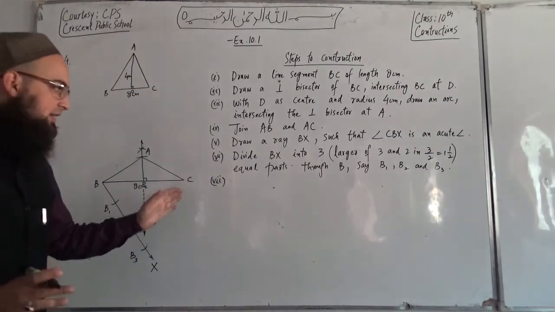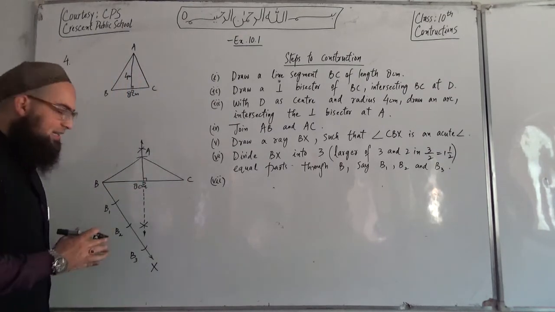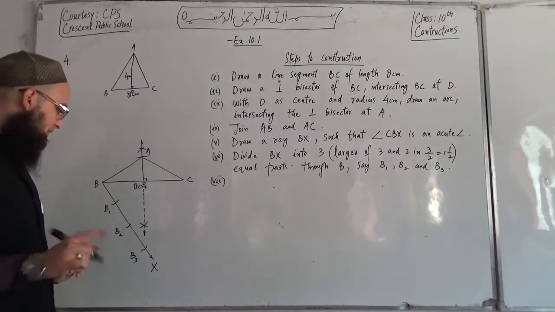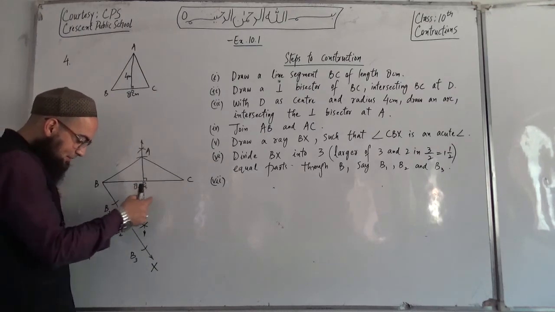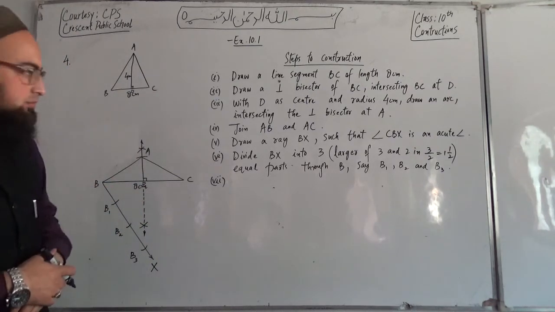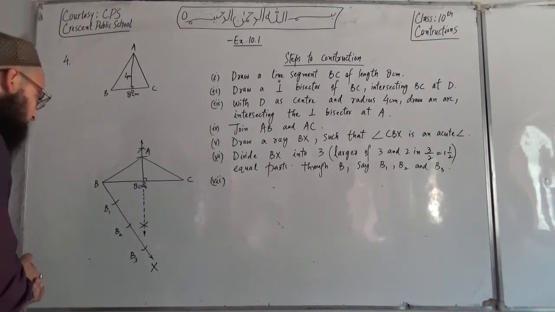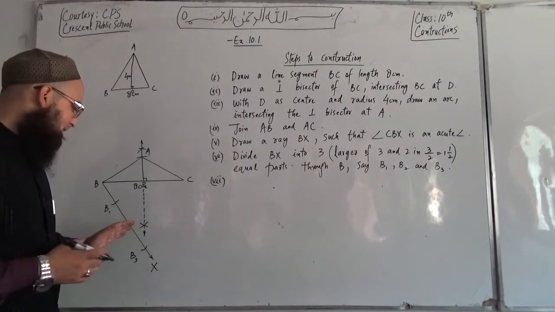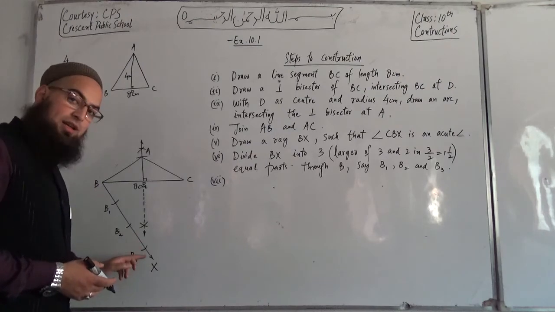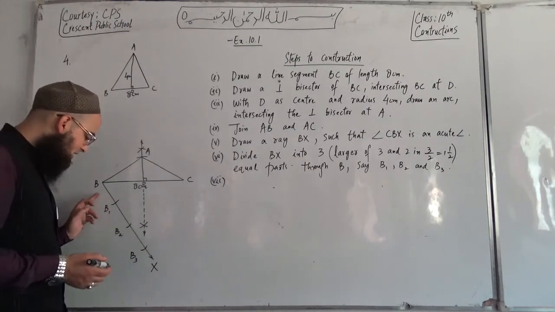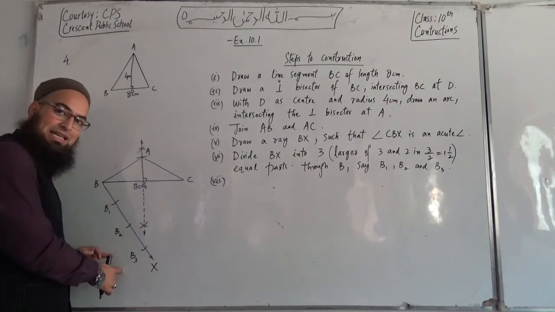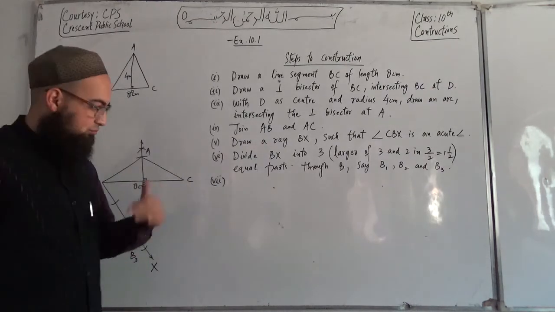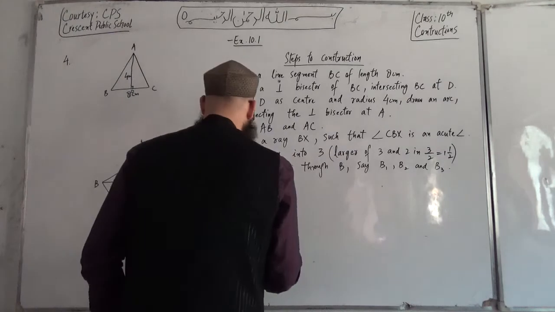Now, at this point, here is the difference. See, previously what we did, we joined CB3. This time, we'll do the opposite. We will join CB2, smaller of the two. Earlier also it was smaller of the two, but the last point, our points being B1, B2, B3, the last point being the larger one, hence we joined CB3. This time we will join CB2, smaller of the two. Okay.